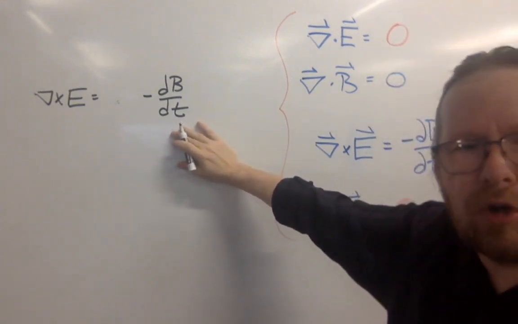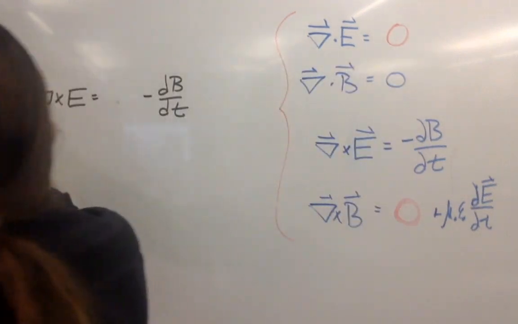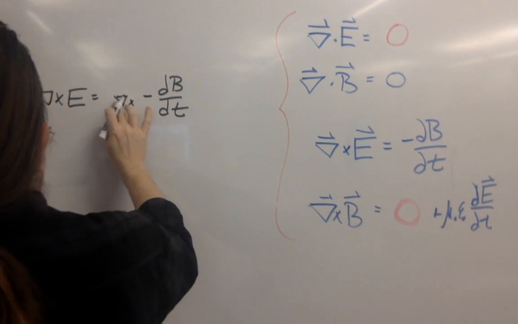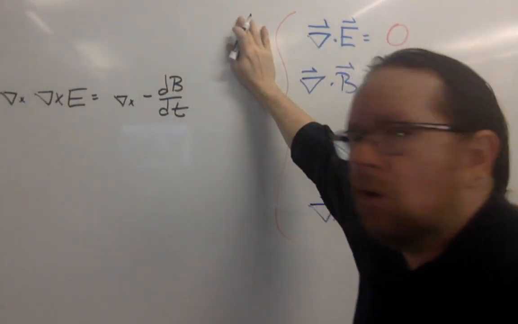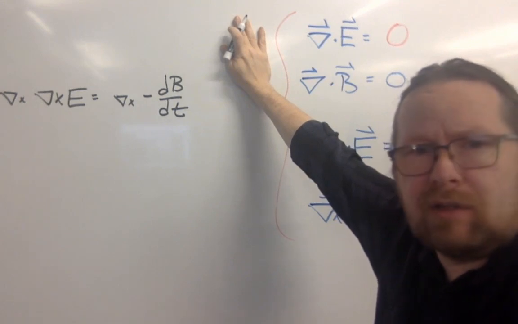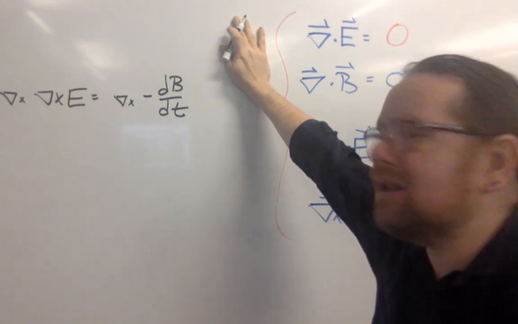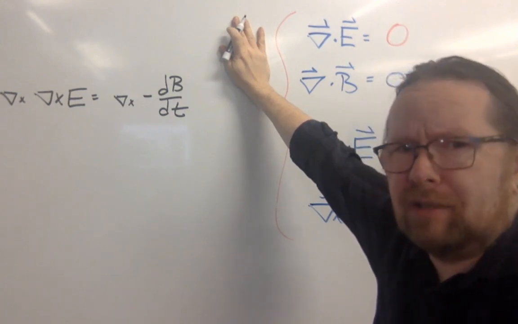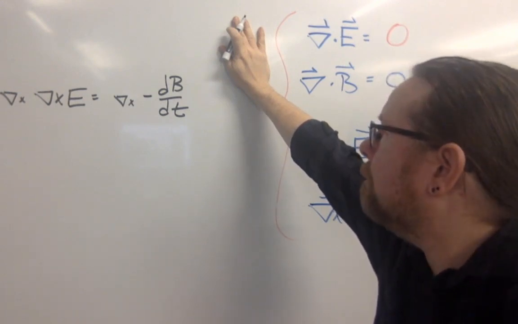I'm going to take the curl of both sides. The curl is just a vector operator. Most operators obey the rule that if you do them to both sides of an equation, that's a legal thing to do. And I'll just ask you to accept for now that that's a legal thing to do.